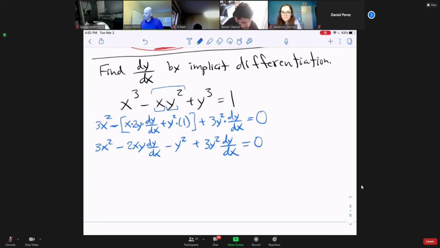Sometimes a student will ask, can I just write y prime instead of dy over dx? You can get away with it in this section, but eventually we're going to do related rates, which is a couple sections from now, where you're going to have another variable t. So I want to make sure you get used to the notation.